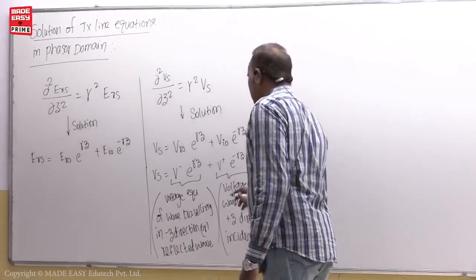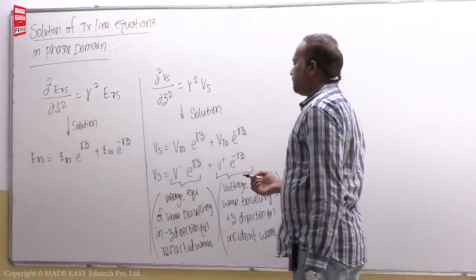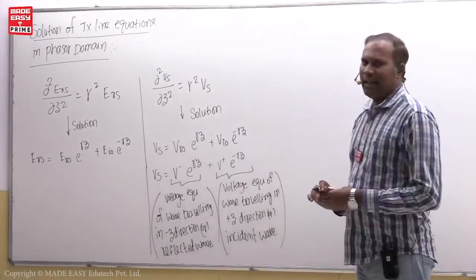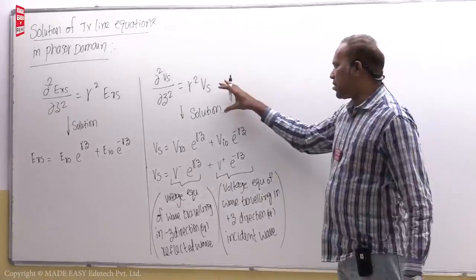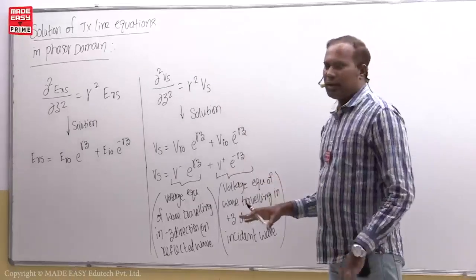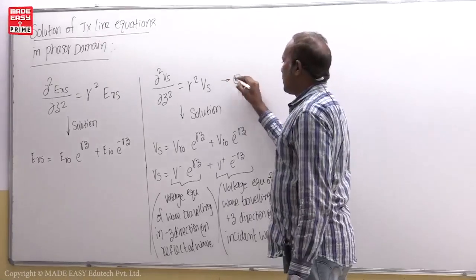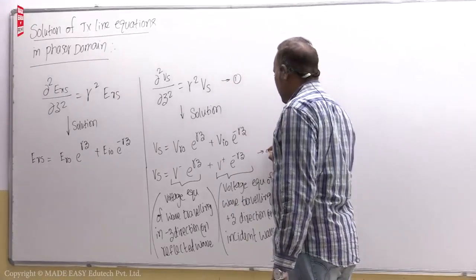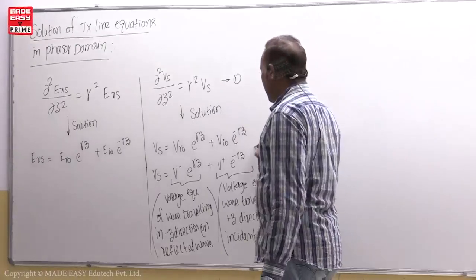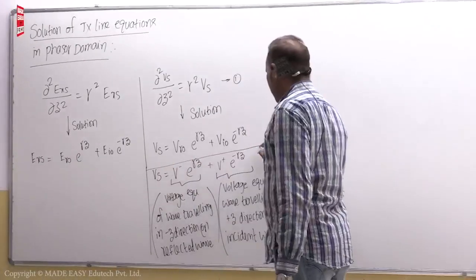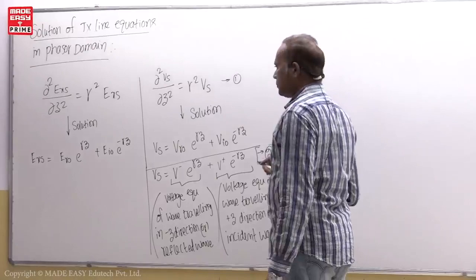Okay, I am going to show you clearly. I will explain the physical meaning, because we will not waste much time in the solution of these equations. That is an absolute wastage of time. So let us say this is equation number 1. The solution of this is this one. So you can put this in the box.